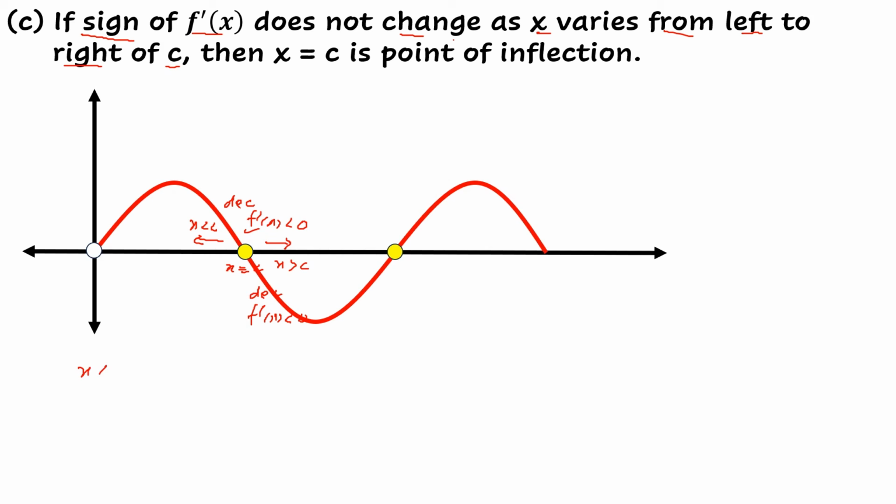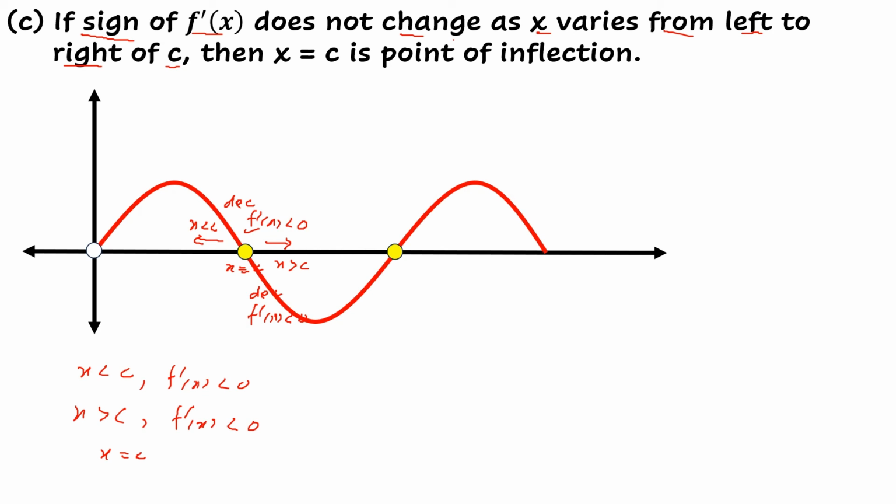So when x is less than c, f dash x is less than 0, and when x is greater than c, f dash x is again less than 0. That is, the sign of first derivative doesn't change as we move from left to right of c. Therefore, x is equal to c is point of inflection.